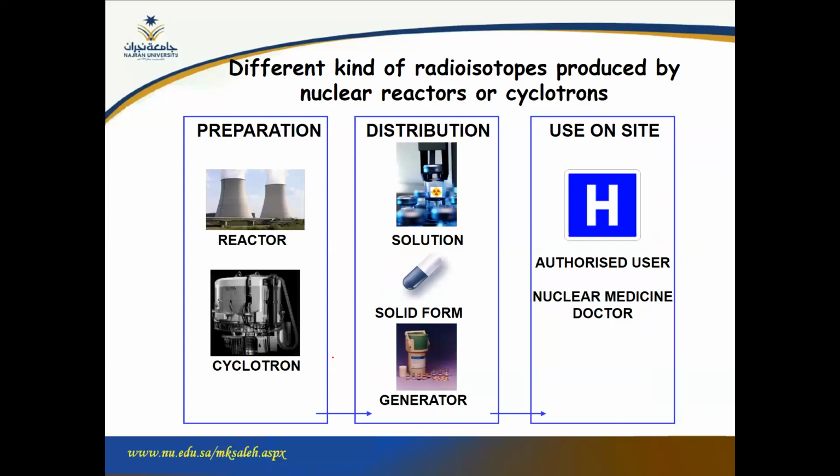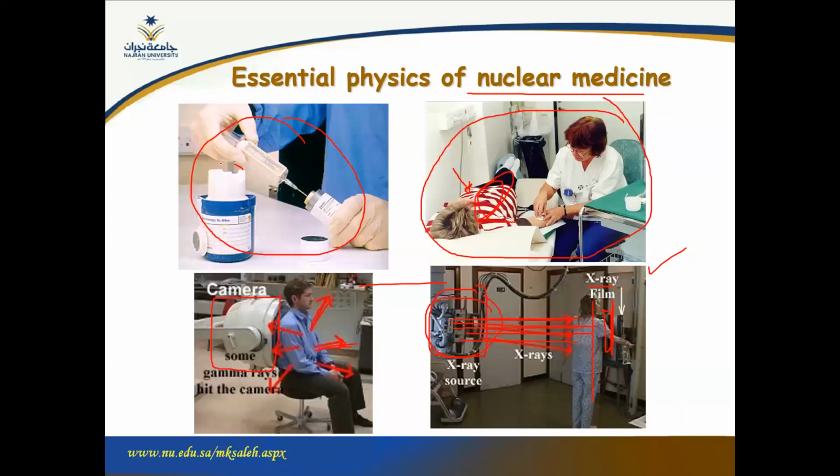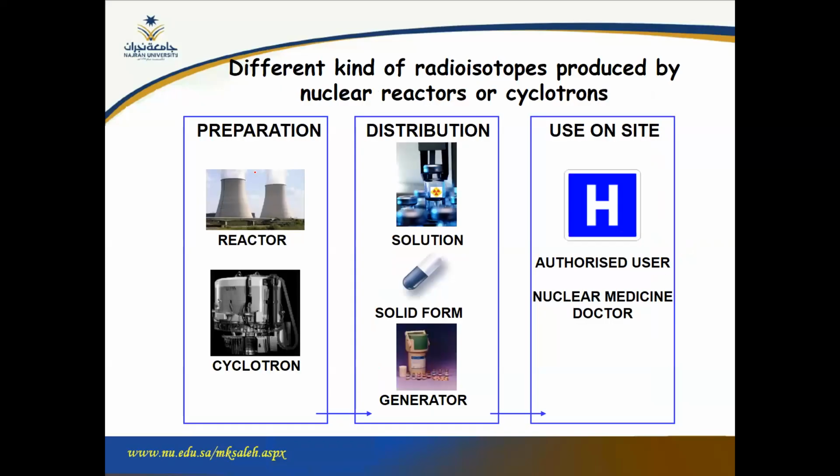And from where do we collect this radioactive material? As I said in the previous lecture, these radioisotopes are produced by a nuclear reactor or cyclotron, and I spoke about this in the previous lecture.